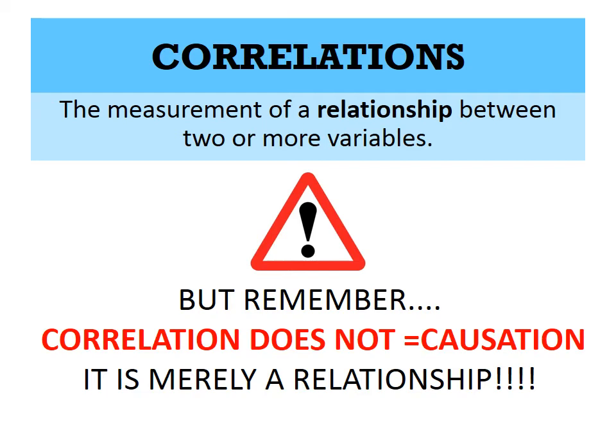So we can't say that, for example, an increase in caffeine causes an increase in aggression, because it's a mere correlation. So there may be a relationship between the two covariables, but it doesn't mean that there is a causal effect.